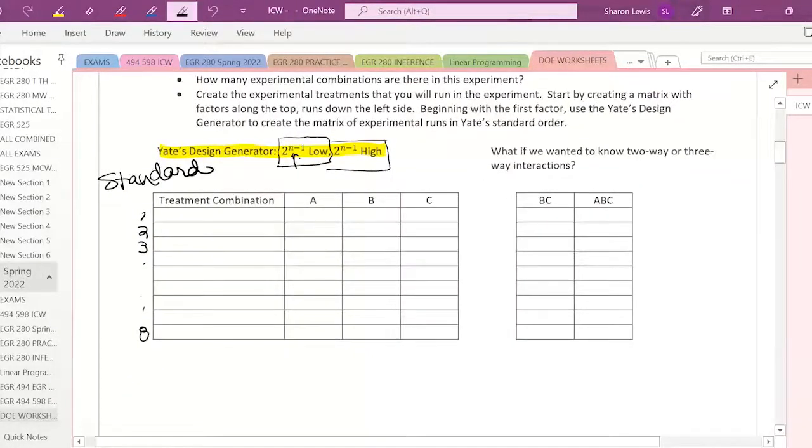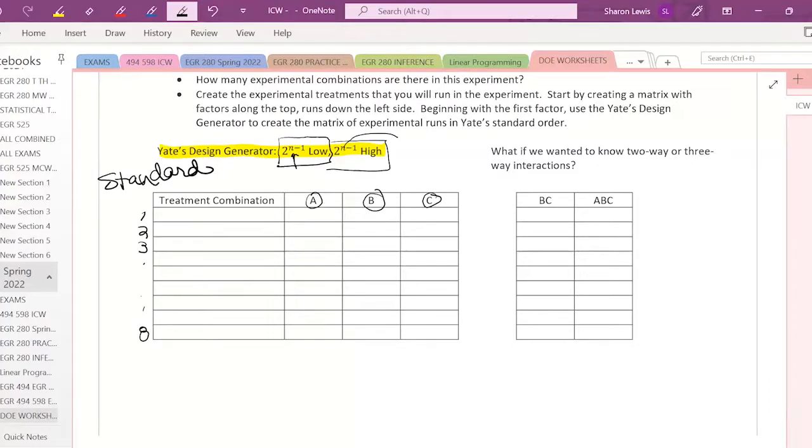So that little n is: I'm on the first variable, I'm assigning for my first variable. I'm assigning for my second variable. I'm assigning for my third variable. So n is which variable I'm making assignments to. A is the first variable, so in this case n is equal to 1.